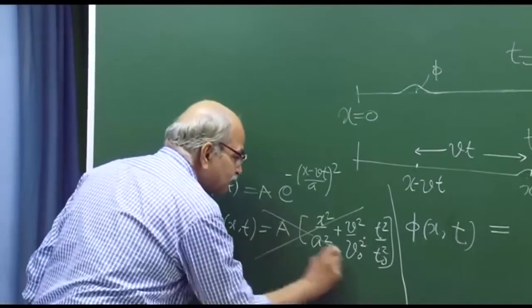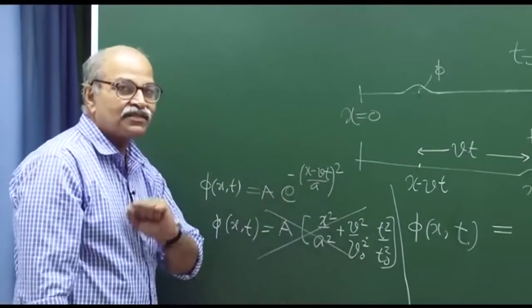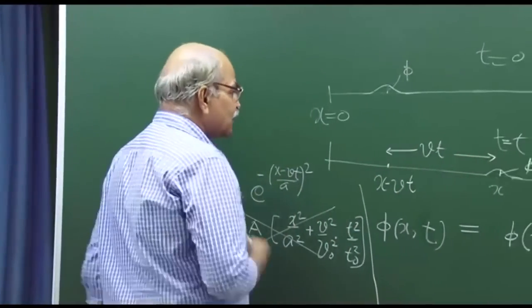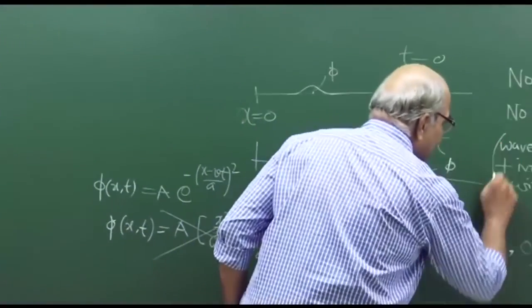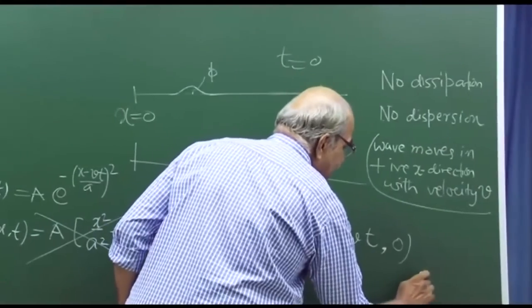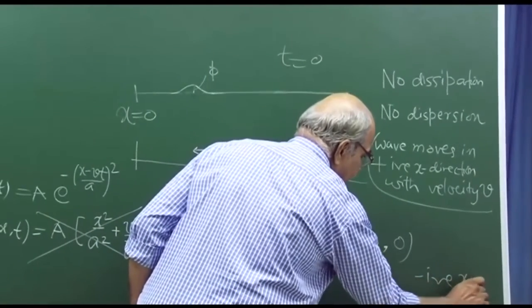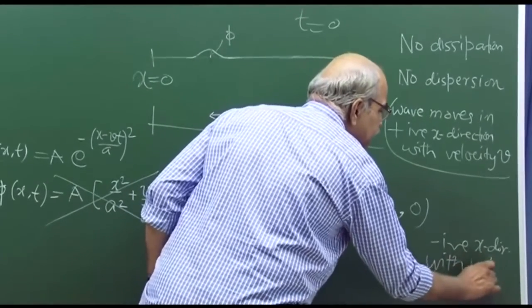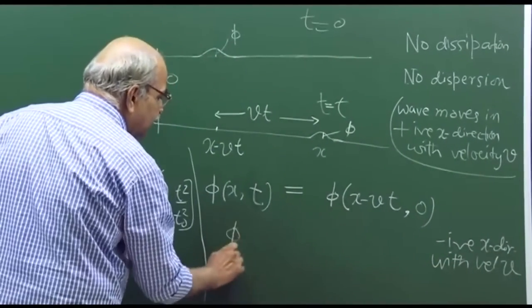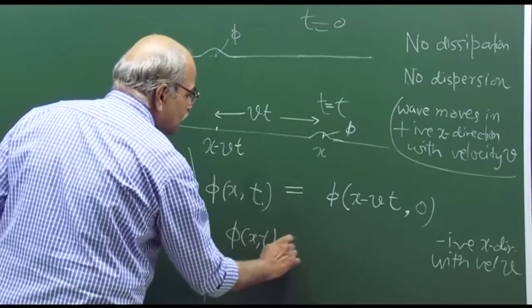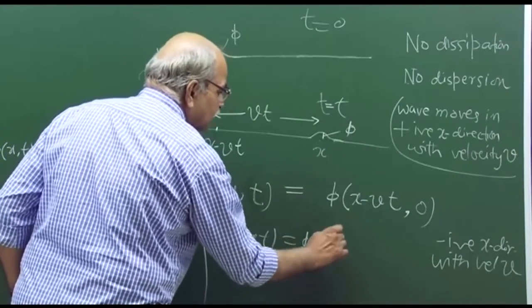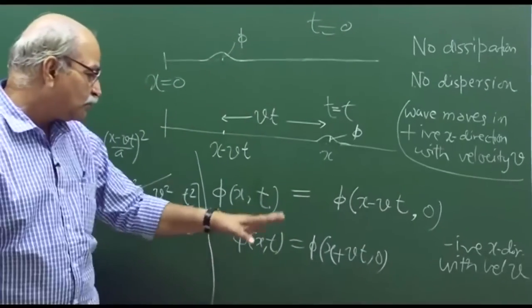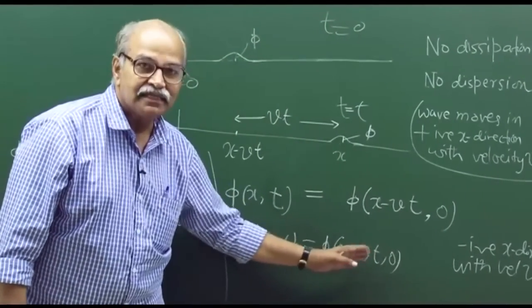So, this is not a wave, it must come in this combination. And similarly, if the wave is going in negative x direction with velocity v, this will be phi of x, t equal to phi of x plus vt, 0. So, the functional form must have x and t coming in this combination.